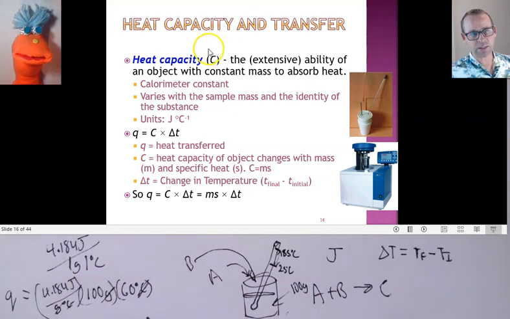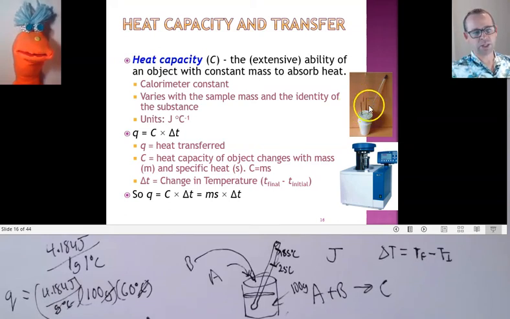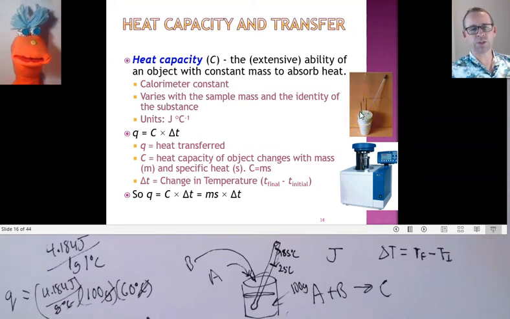Heat capacity is telling us how much energy it takes to raise the whole system 1 degree Celsius. So your heat capacity will differ for different systems. In the lab, often we'll just use coffee cups like this, nested coffee cups, because that is isolated enough, and the change in temperature there will relate very well to whatever chemical reaction you're performing inside.